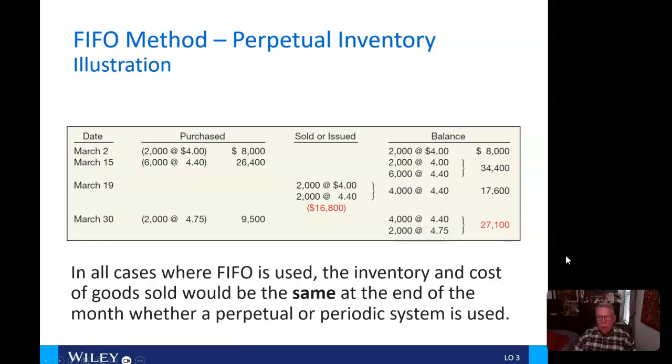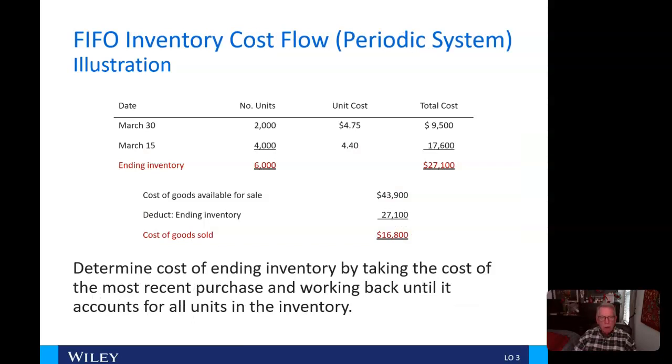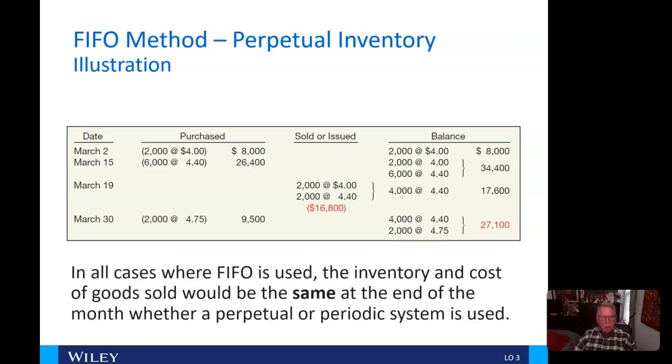And that way, we will know exactly that the two of these become the 43,900 available. So in all cases where FIFO is used, the inventory and cost of goods sold will be the same at the end of the month, whether a perpetual or a periodic system is used.